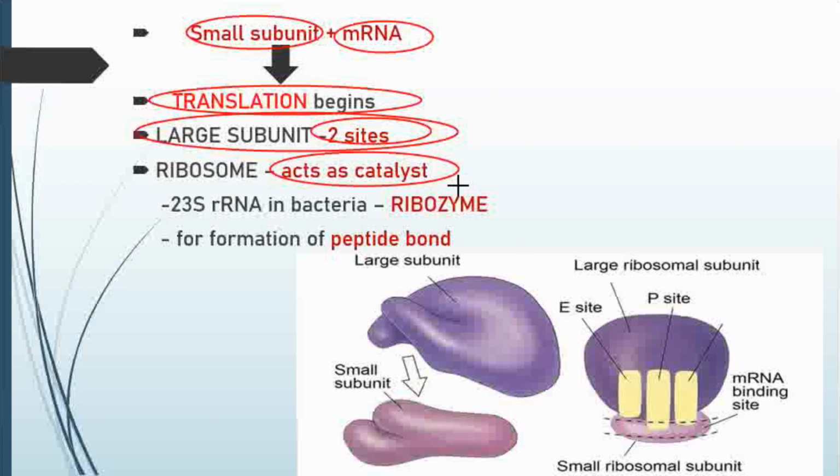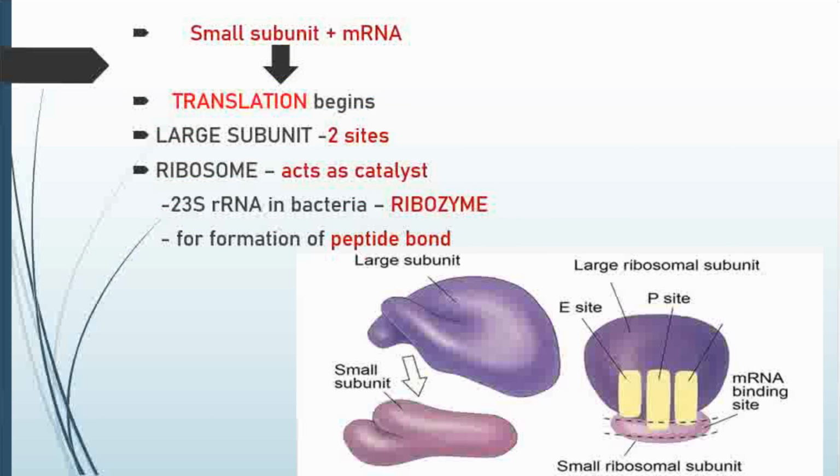The ribosome acts as a catalyst. A catalyst speeds up the reaction, no. You would have studied enzymes and catalysts in chemistry; a catalyst speeds up the reaction. So it acts as a catalyst. How? This 23S rRNA in bacteria is a ribozyme. A ribozyme is nothing but a ribonucleic acid.